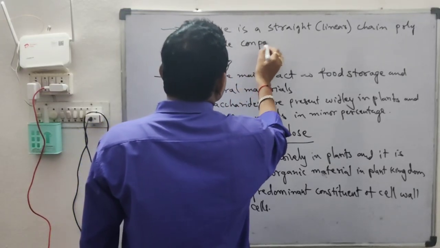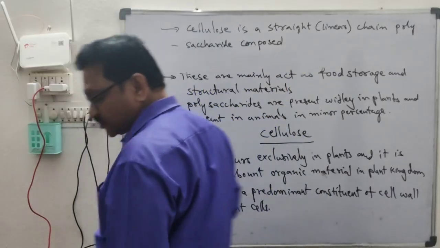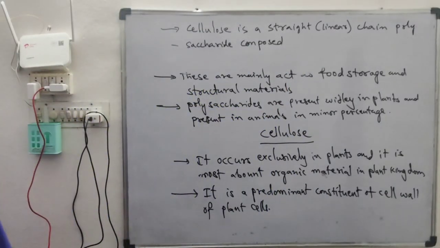Polysaccharide composed by only beta D glucose units. Beta D plus glucose.